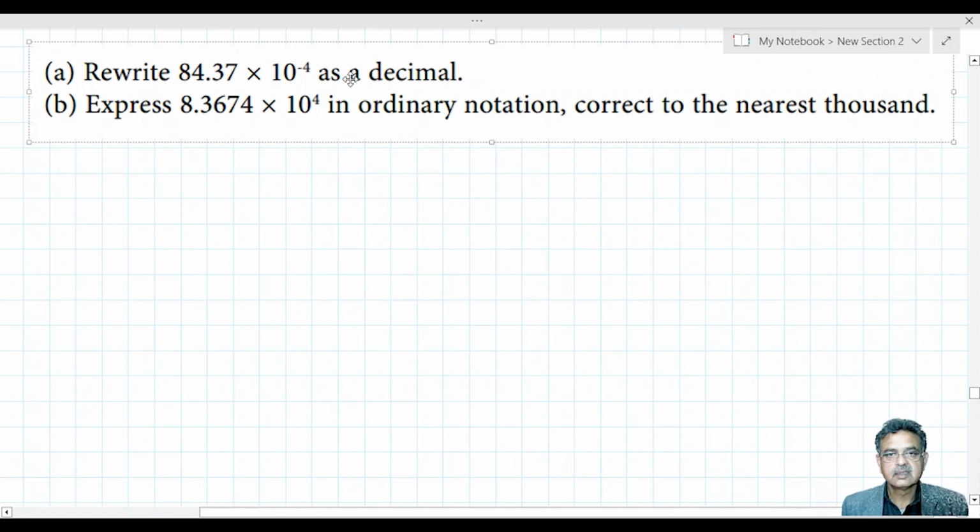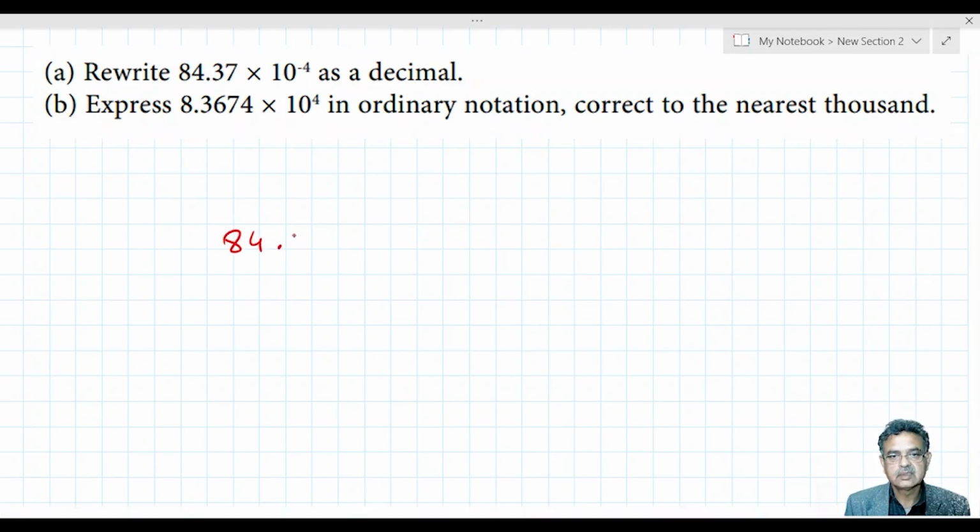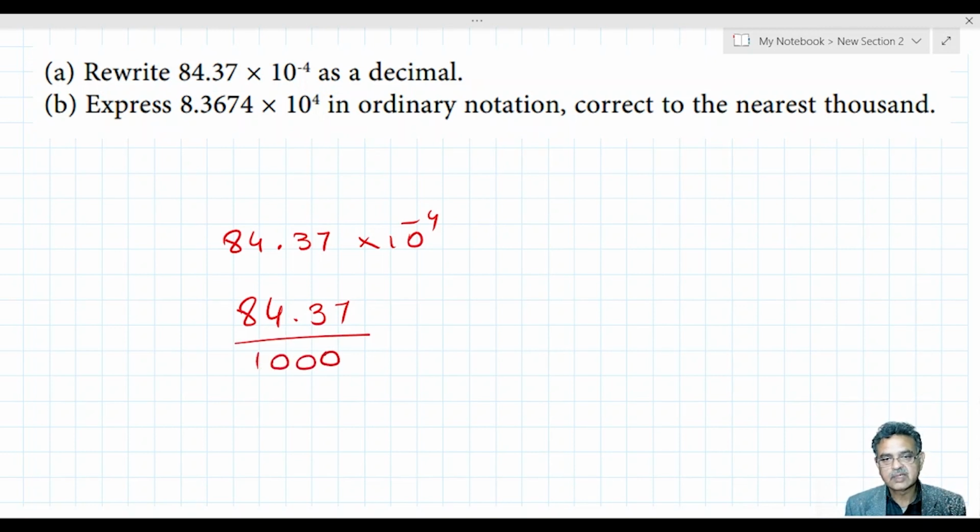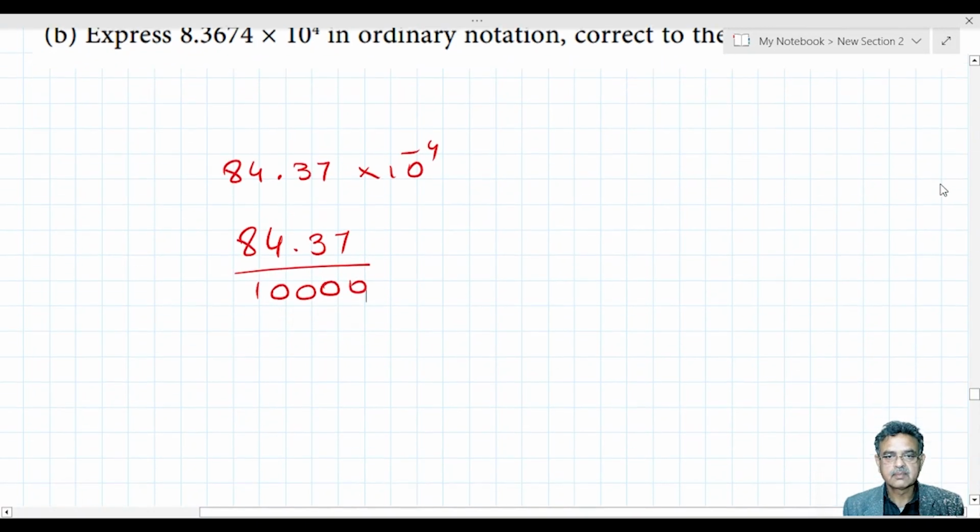Rewrite this number as a decimal. 84.37 multiplied by 10 power minus 4. Okay, look, if we increase this value, 10 power minus 4, or you can write this way, 37 divided by 10 power 4. 10 power 4 means 4 zeros.